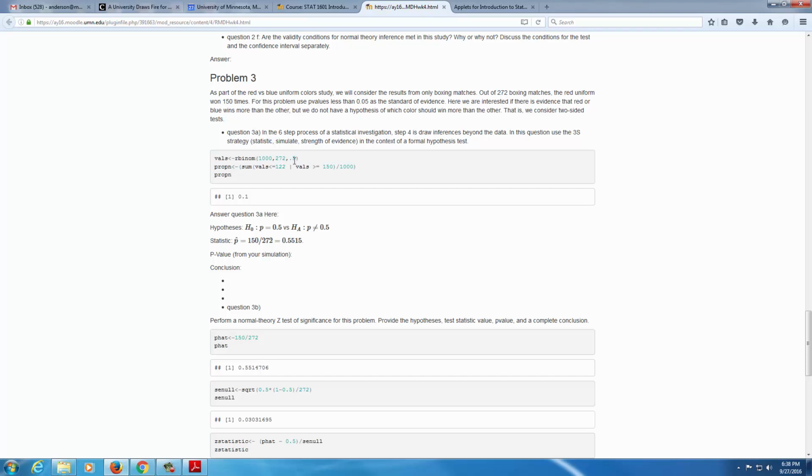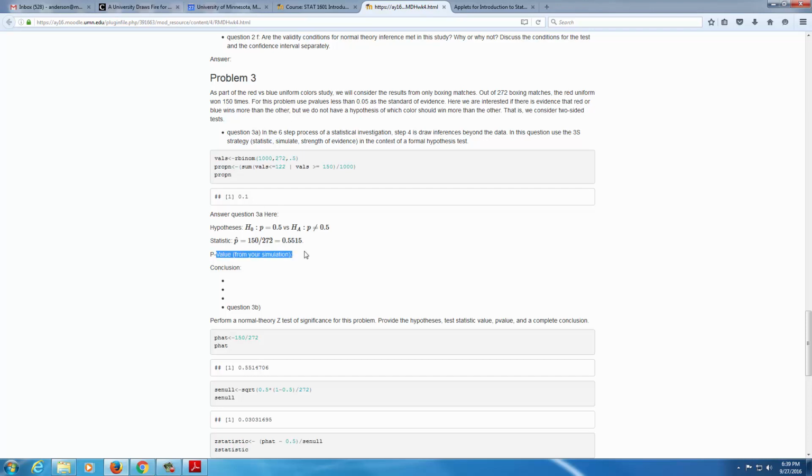Randomness is half of 272 being observed, and that halfway point is 136. So 150 is the same distance above 136 as 122 is below 136. This expression right here measures the fraction of simulations that are as extreme or more extreme than 150 wins. Turns out that fraction is about 10%, 0.1.